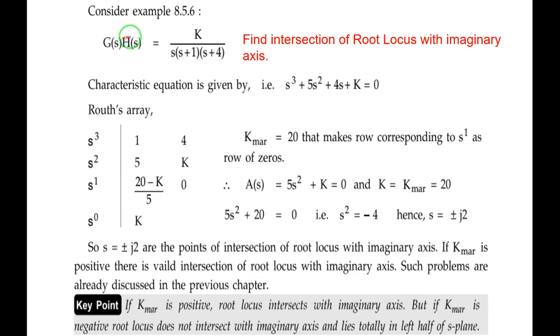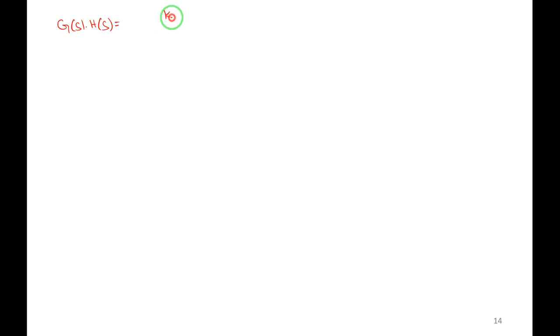We'll find the intersection points of the root locus with the imaginary axis.